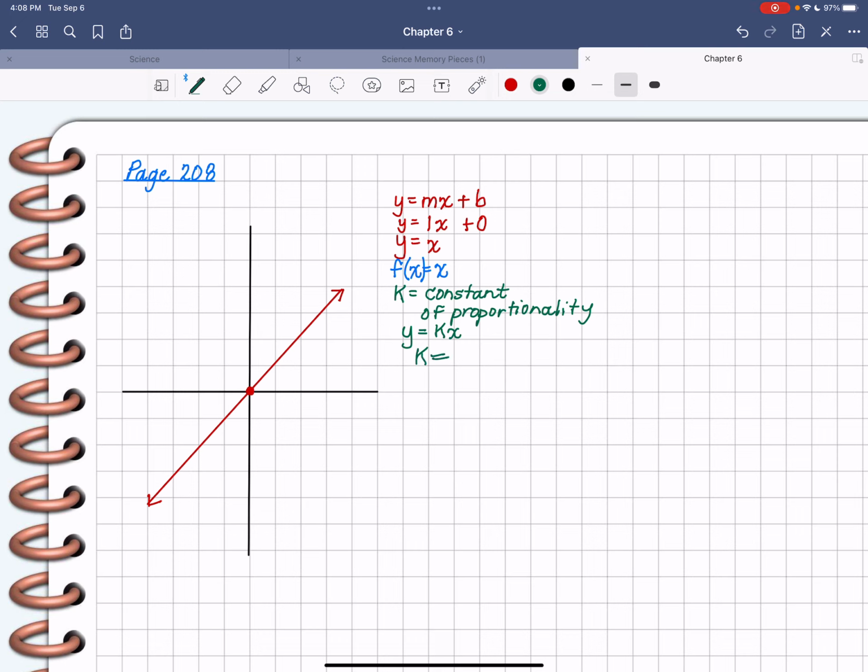Now, don't get excited about what I'm saying here. I know that's a lot of mumbo-jumbo to a certain extent. But when we put some actual stories with it, I think that it will be a little bit better. So page 208 is just reviewing some of the concepts we've learned so far and talking about the concept of a proportional relationship.